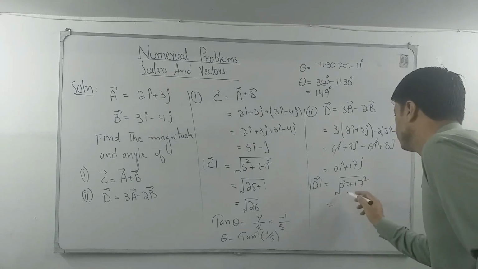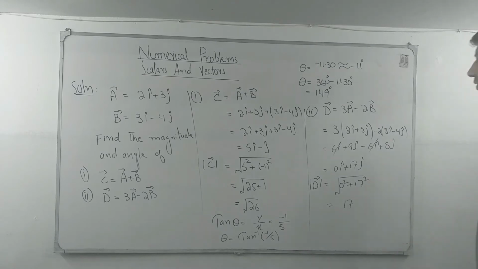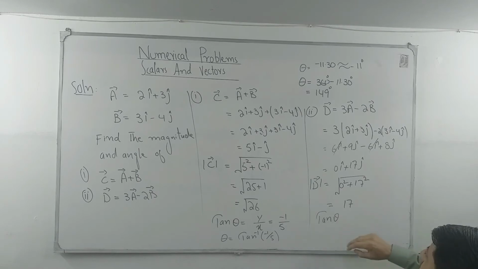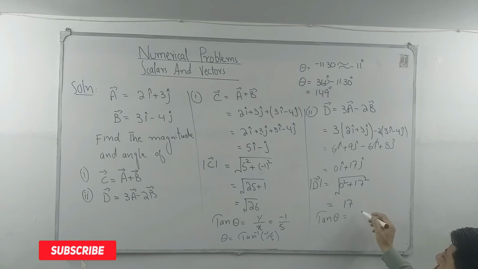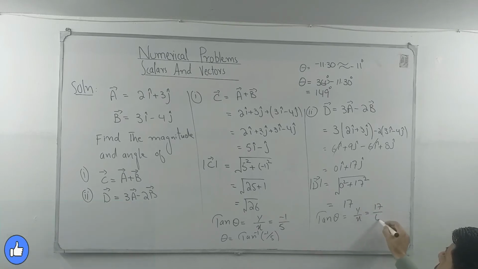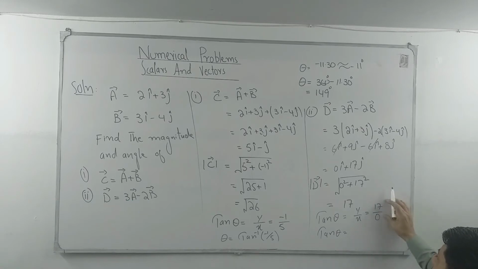We will get only 17. So the magnitude of D is equal to 17, and this angle is in the first quadrant, and that will be equal to 90 degree. Tangent theta is equal to y upon x, 17 upon 0, which is infinity.